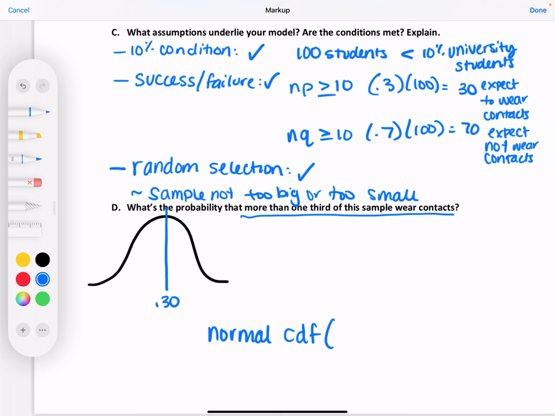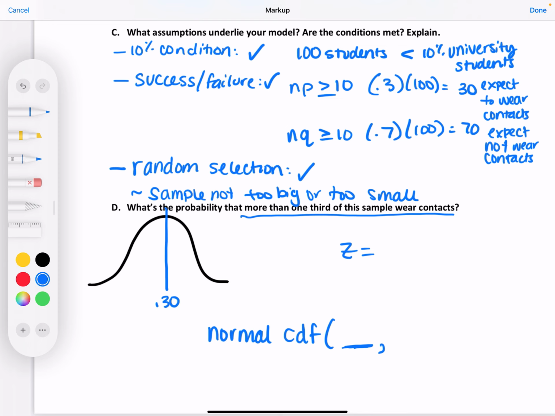Okay, normal CDF. For this, because we're talking about the sample, we need to find the Z score, because the Z value is what's going to go right here. Z equals, keep in mind, it's X bar, or in this situation technically Y bar, minus Y hat, over the standard deviation.